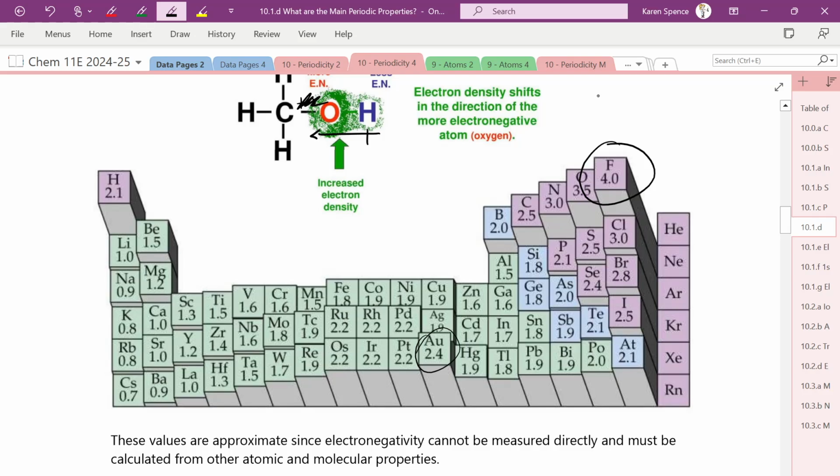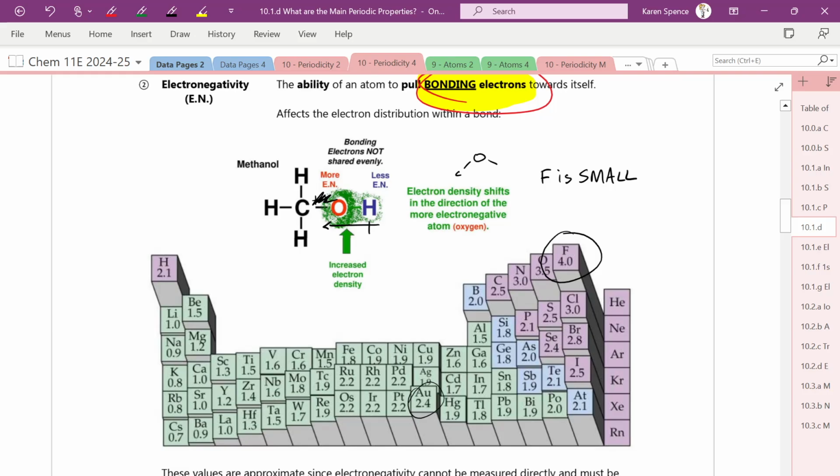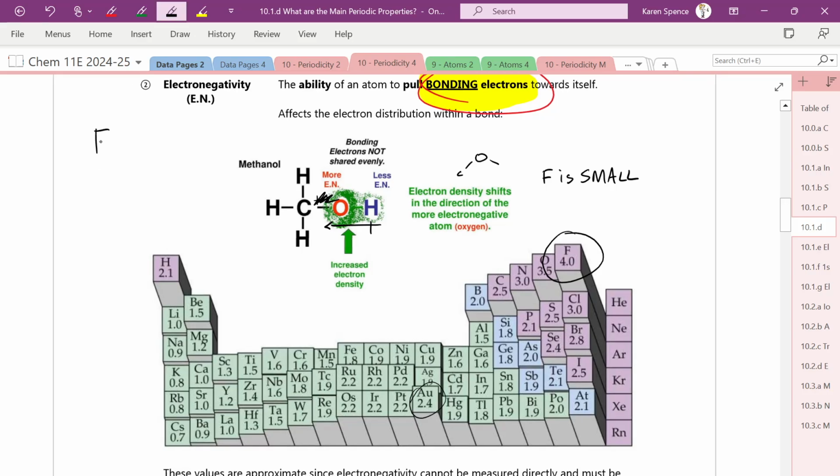Fluorine is both small, and if it is small, what can you say about R? And what do I mean by R? The radius. Remember, Coulombic attraction is equal to k Q Q over R squared.